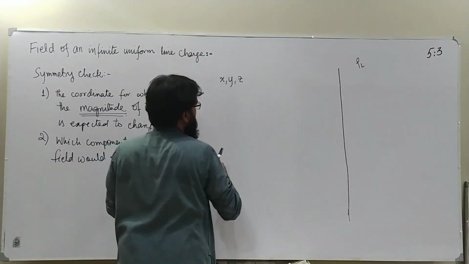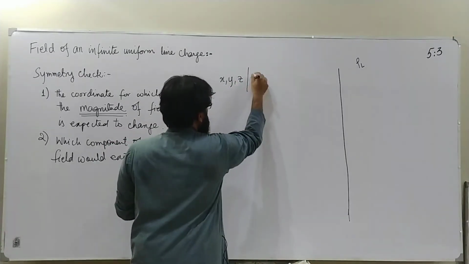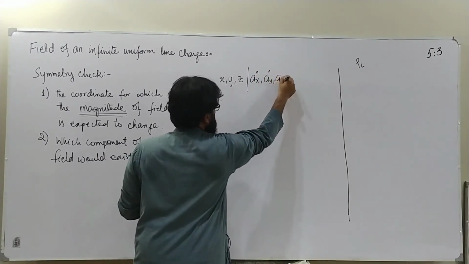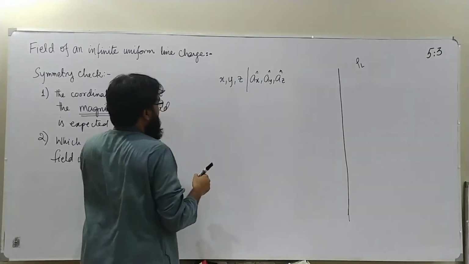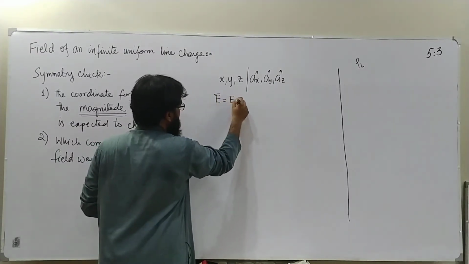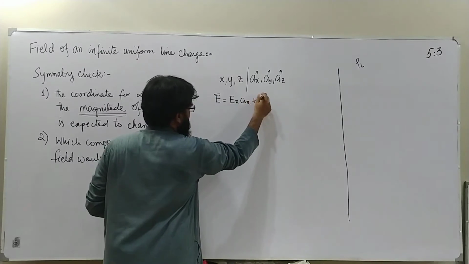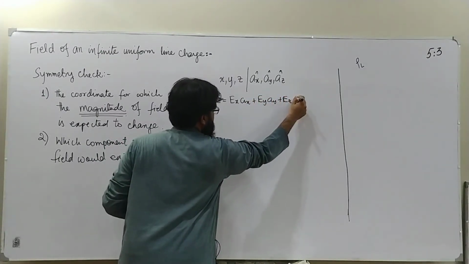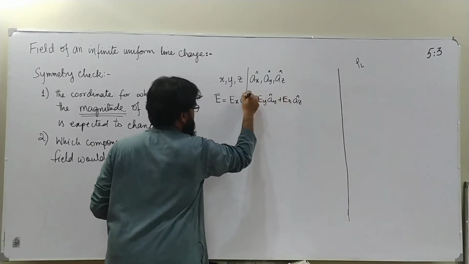the coordinate values and these are the unit vectors. Okay, so electric field intensity will have x component, y component and a z component, is it?